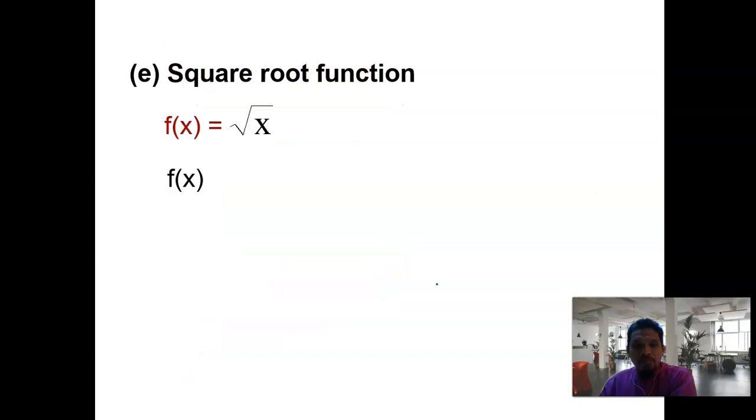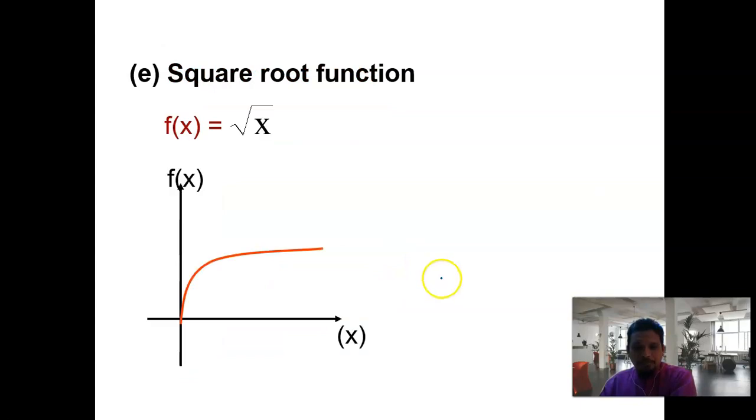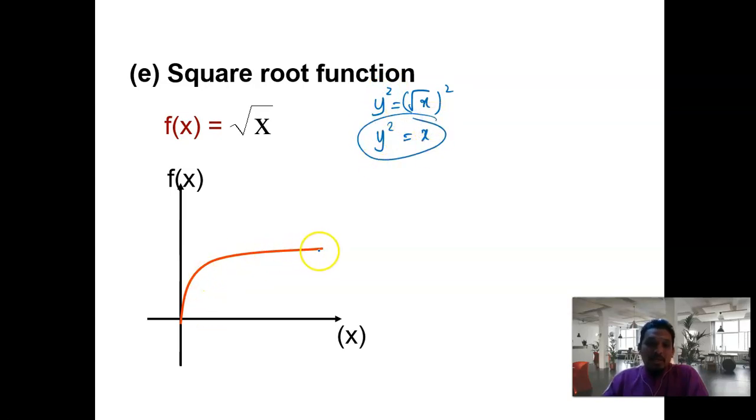Okay, square root function, this one here now. So class, just imagine that if f(x) equal to y equal to square root of x, if I square left and right, it gives you x equal to y squared. X equal to y squared is actually a graph, I call a curve, fully like this.